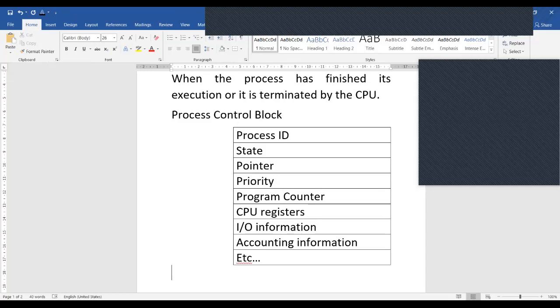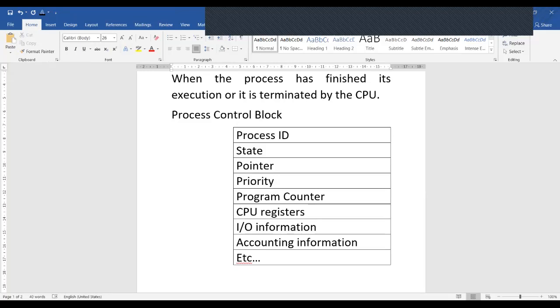So for a different operating system, the contents of the PCB can be a little bit different. The PCB is maintained for a process throughout its lifetime and is deleted once the process terminates.